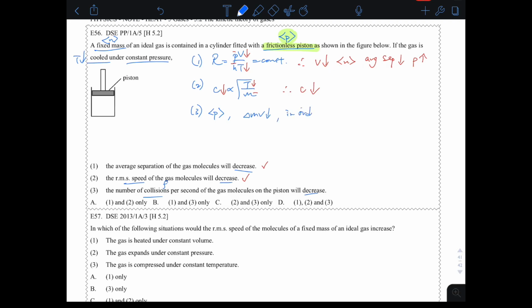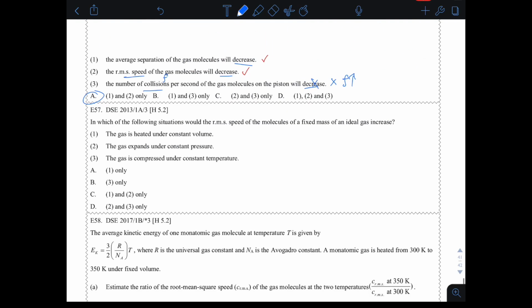Then in order to maintain a constant pressure, your frequency must increase. So the frequency should increase, which means this statement is wrong. Then the answer should be A here.